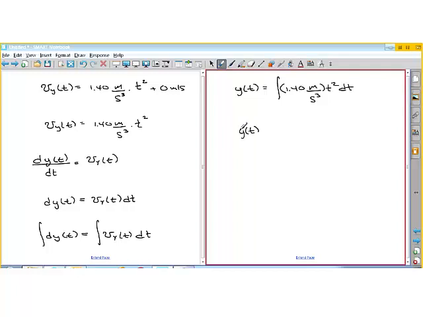The integral of t squared dt is t cubed over 3. So I get my constant in front, multiplied by t cubed over 3 using the rule for integrating polynomials, plus this arbitrary constant c, which is different than my arbitrary constant c in the previous problem.